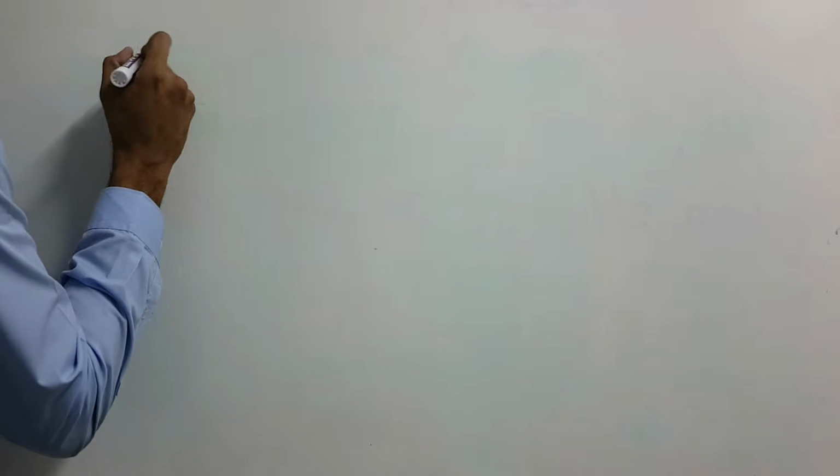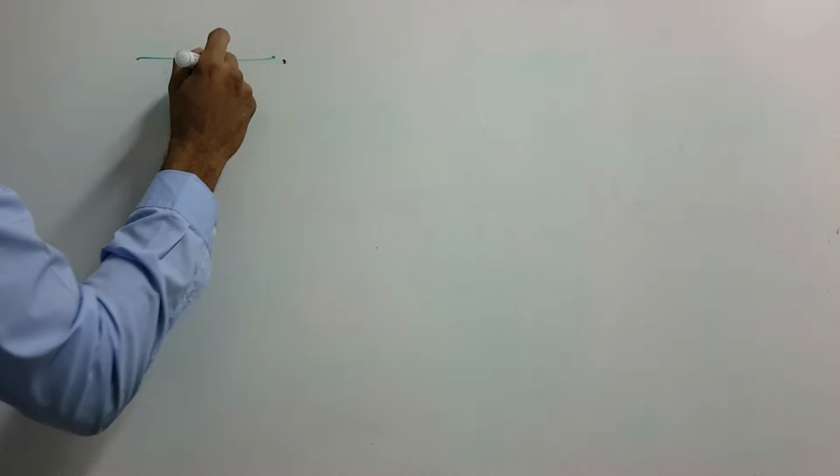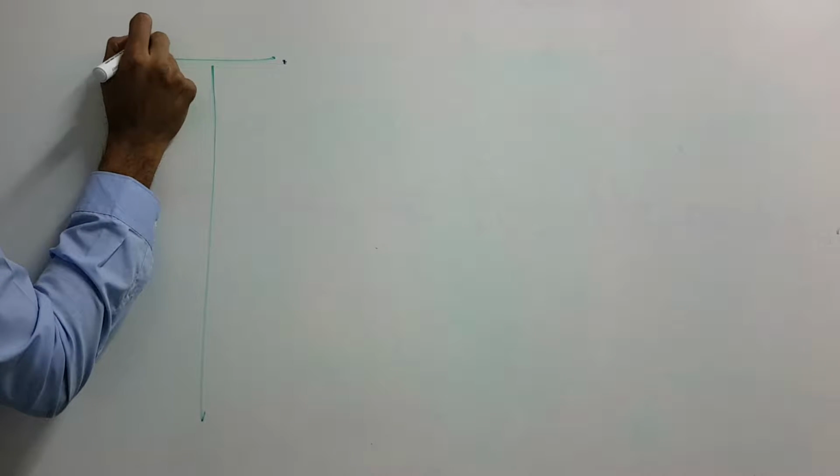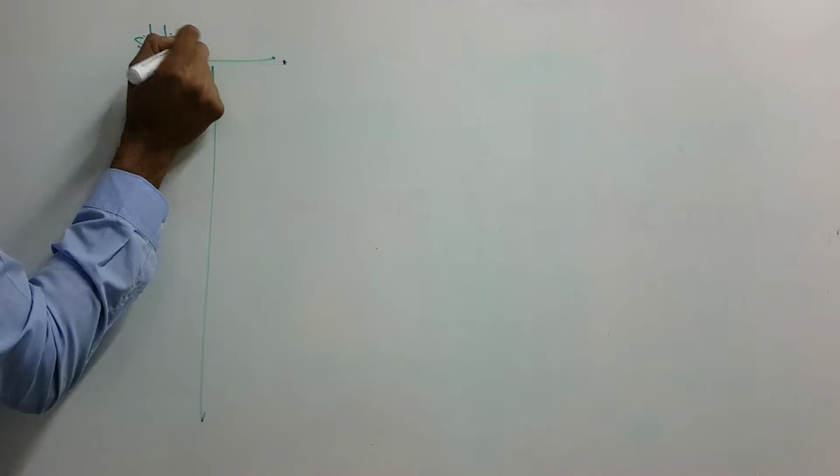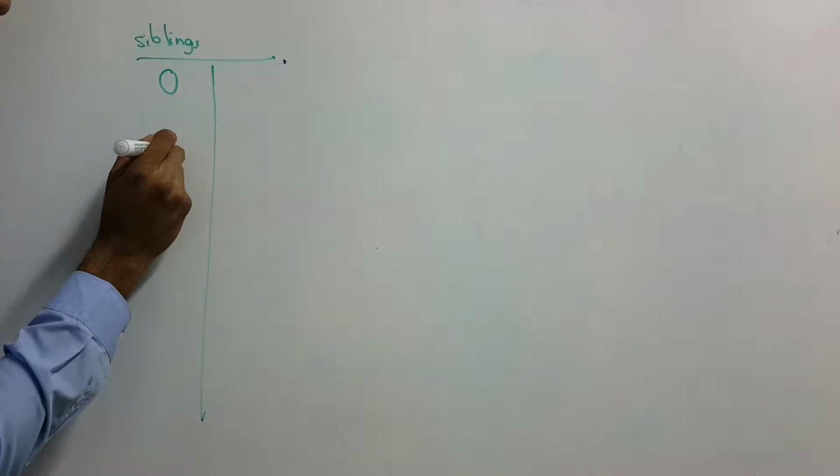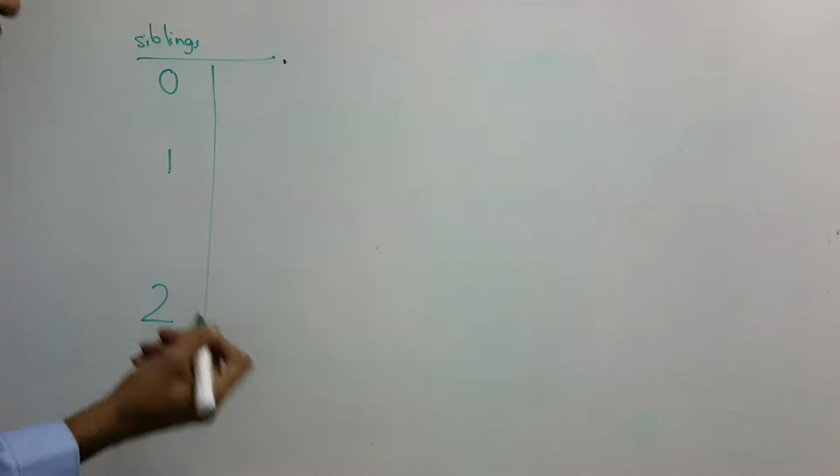So I can also make a tally chart for the amount of siblings children in my class have. Some children in my class have 0 siblings, some have 1 sibling, some have 2 siblings.